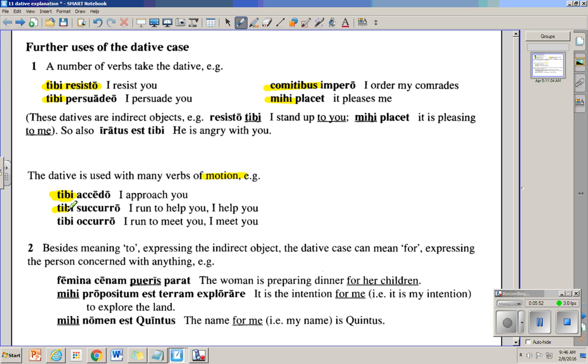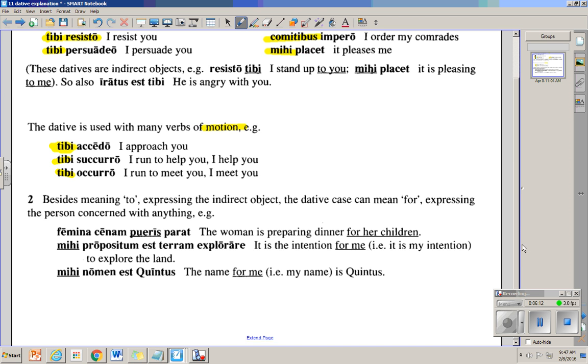I run to help you, literally to you. I meet you. Maybe if we translate it more literally, it'll be easier. I run into you. I meet you. So again, for number one, all of these are verbs that take a dative where we might have expected an accusative from what we learned so far.